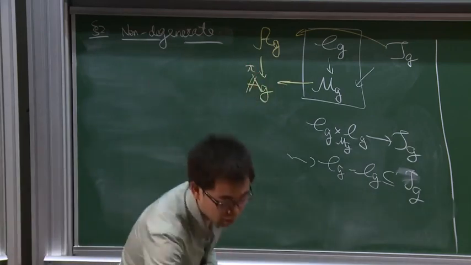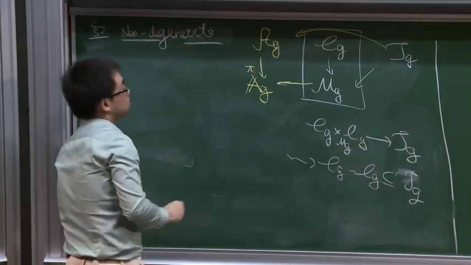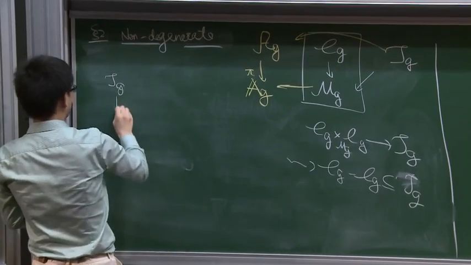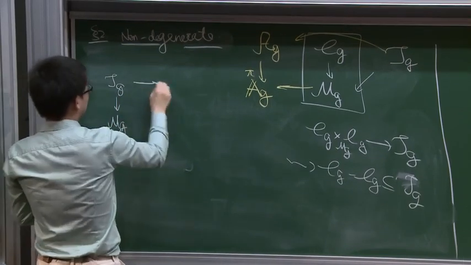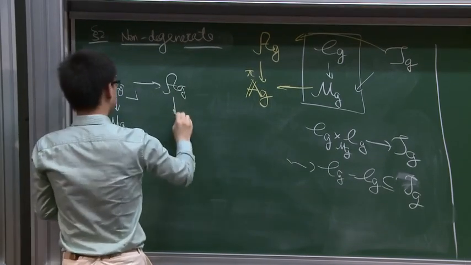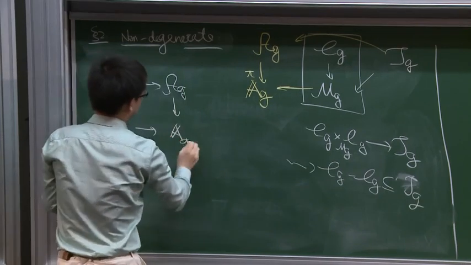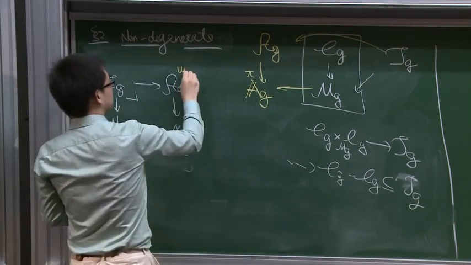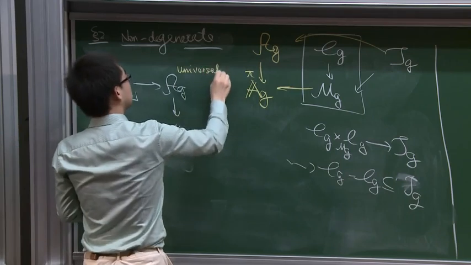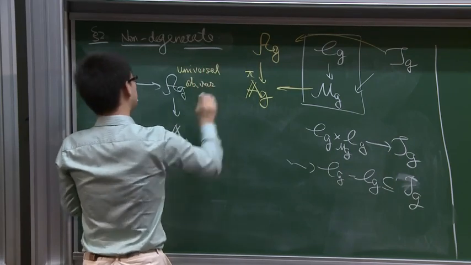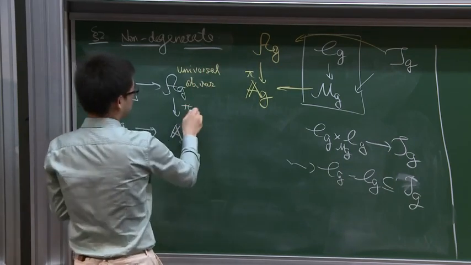So in my talk, I will always work with this system. I have the universal Jacobian, and this is the universal abelian variety. And this is the map pi.